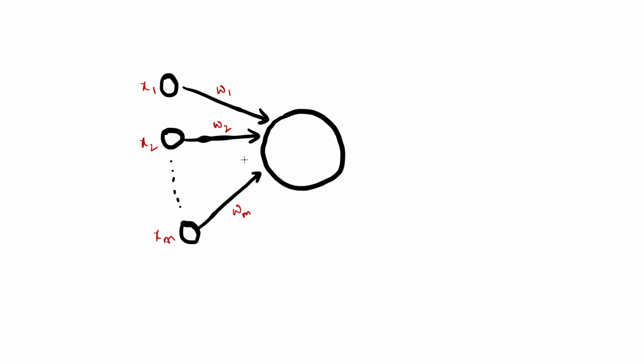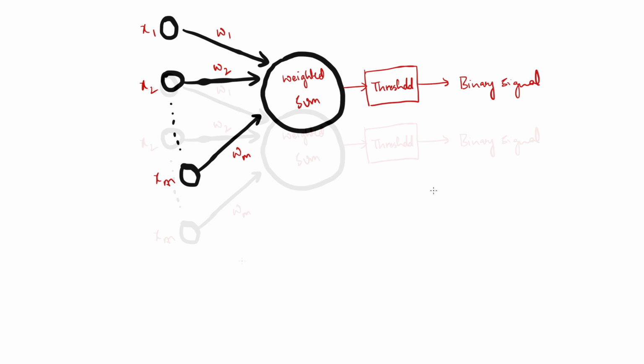We have as many weights as inputs, and we are going to take a weighted sum. Also, we would compare it with a threshold, and then based on that we would get a binary signal. This is how it's going to work.